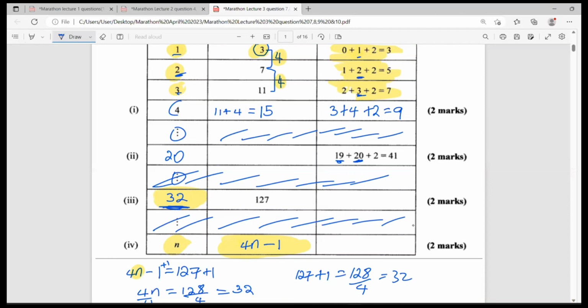I could find the value here because it's going to be 4 times 20, then take 1. So this becomes 79. Everybody look at the 79. 4 times anything here, take 1, you get the answer.